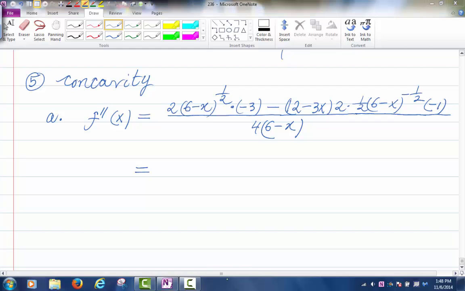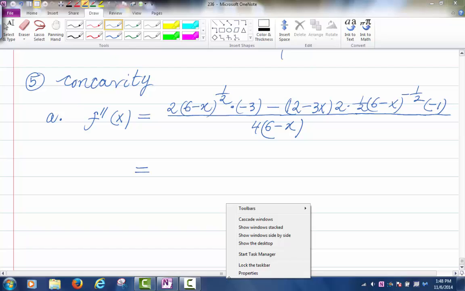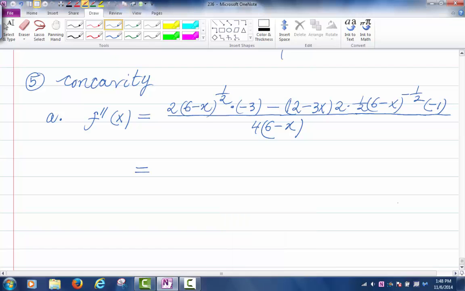And then, well, I have to simplify, right, and do some algebra. So what would be the best way to simplify here? Well, first of all, the 2 and the half here cancel out. And that negative 1 that I have here, let's make this one a positive here, so then I can get rid of the negative 1.